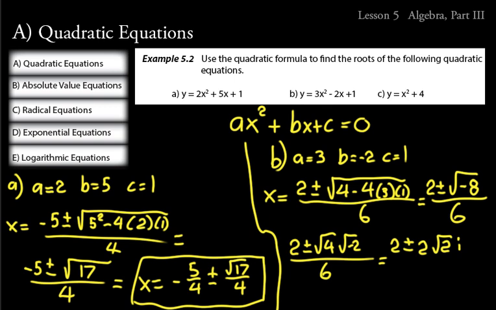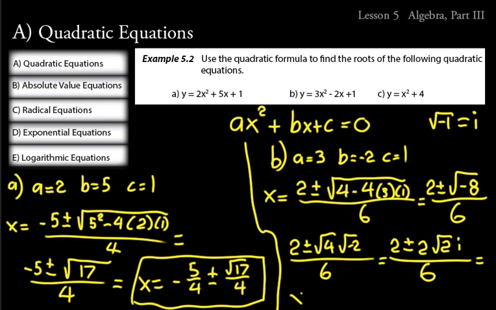Square root of negative 2 is the square root of 2 times the square root of negative 1, right? And square root of negative 1 equals i. So instead of having to write square root of negative 1, we write i instead, right? That's what we talked about in lesson 1. All over 6. Do you see how that's going to reduce now? We can factor a 2 out of all of that and cancel.